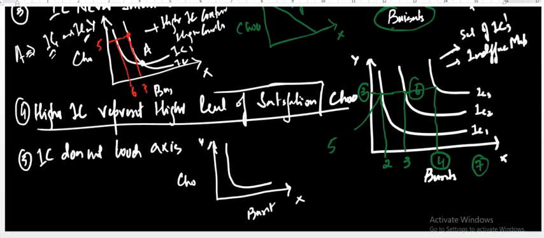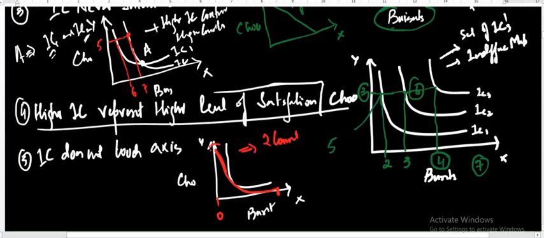Let me use another color here. Suppose we get an indifference curve like this, which essentially means that over here I have 0 units of biscuits, and over here I have 0 units of chocolates, which will not be the case, because in an indifference curve we at least have 2 commodities.